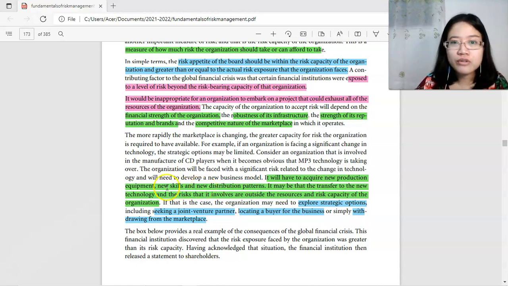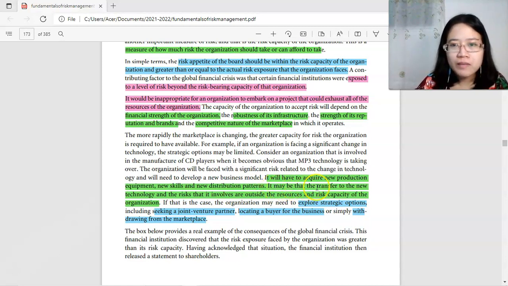New skills and new distribution partners kasi magkaiba yung production ng CDs sa, of course, smartphones, diba? Ayan. So they have to learn the new process and develop the new skills required for that. Tapos new distribution patterns or partners na din, suppliers, distributors. Okay, kung kanino nila ibebenta or i-channel through para makarating sa clients or customers or end users.